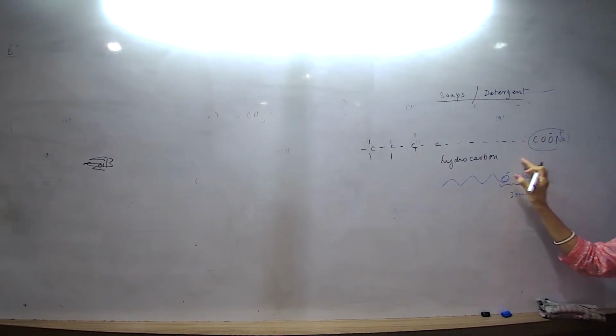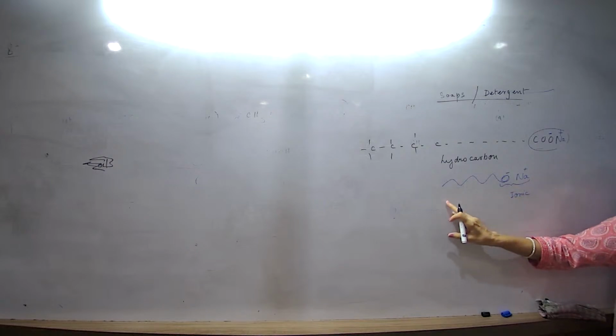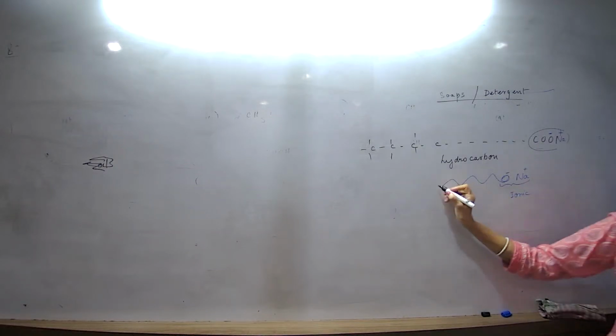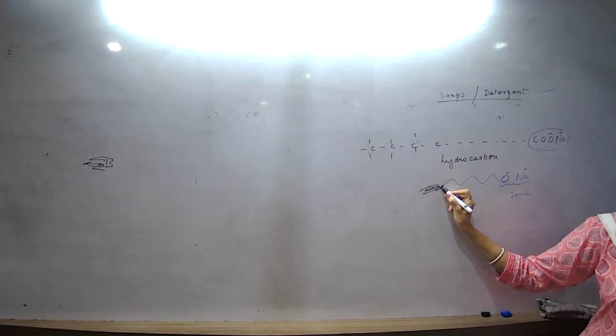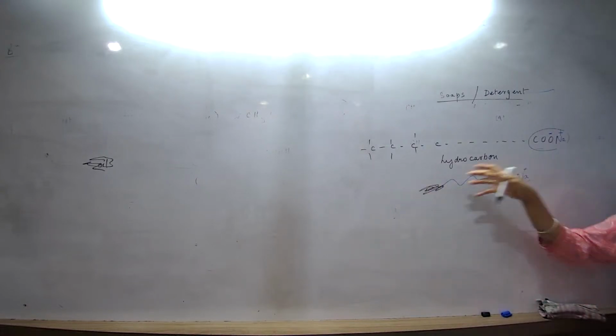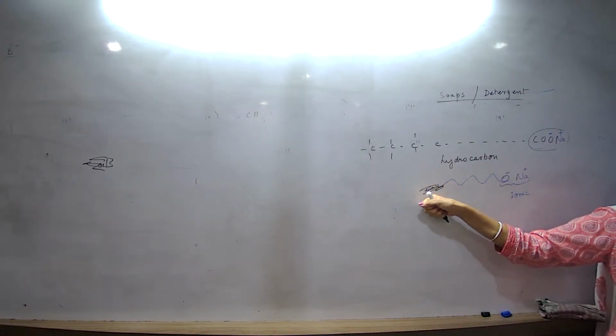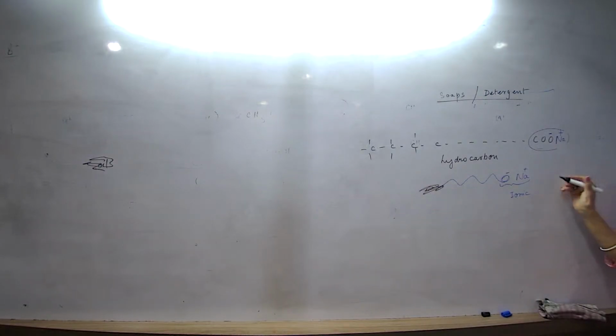One is attracted towards water and the other part is attracted towards the oil or the grease. So if this is the dirt that has to be removed, the tail part of it will come and attach to that, whereas this ionic part is getting attracted towards water molecules.